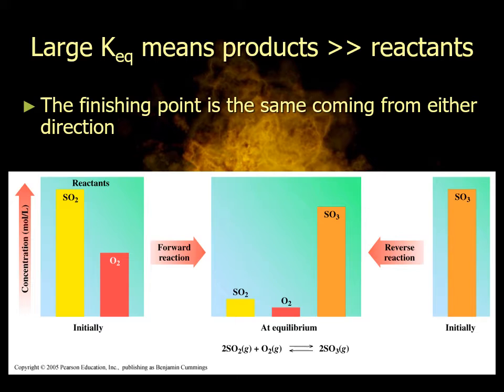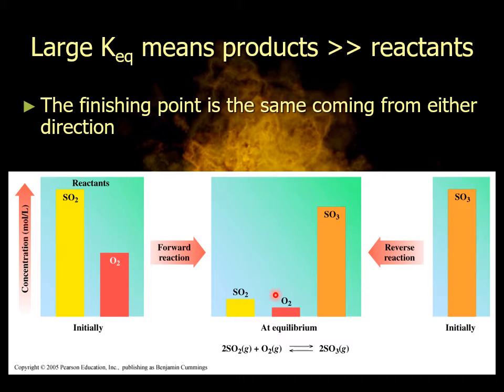So what does the value mean? Well, it's kind of in a qualitative way. The value of K indicates the direction that the reaction favors. So a large value of K means that products are favored over reactants. And in this example, so we've got SO2 react with oxygen to make sulfur trioxide. So this has a large value of K, which means that the SO3 is preferred over the SO2 and the O2.